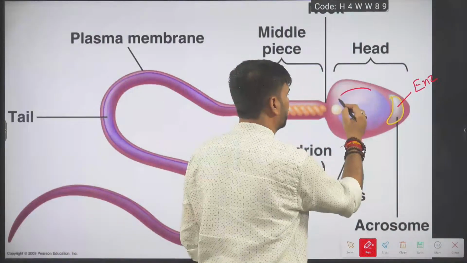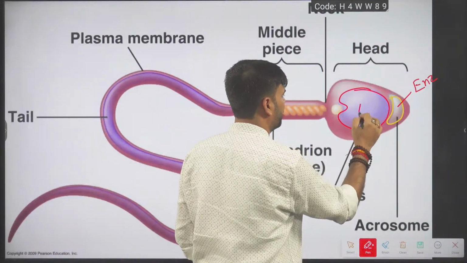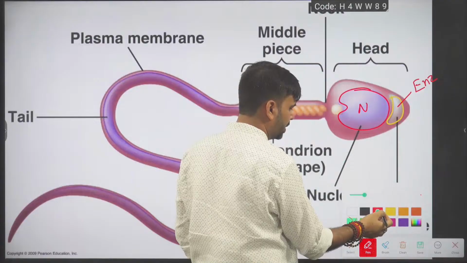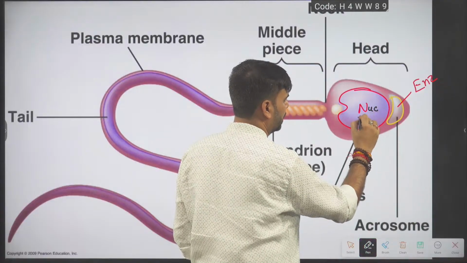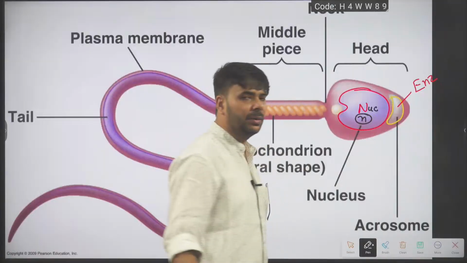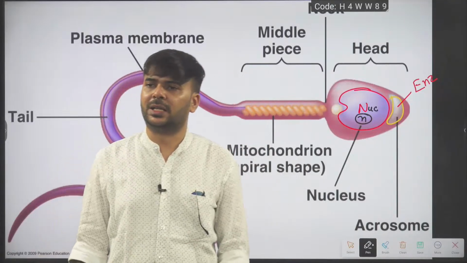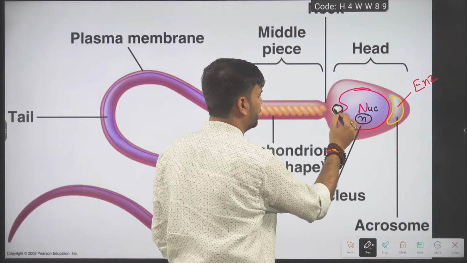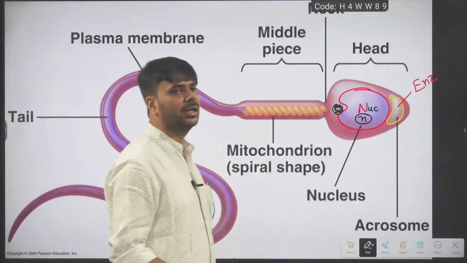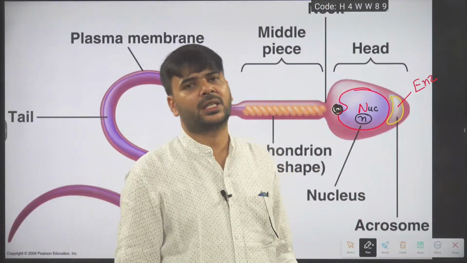Then this part is the nucleus. The nucleus is the genetic material, and it is haploid. This is the centriole. Centriole is a tiny structure related to cell division.